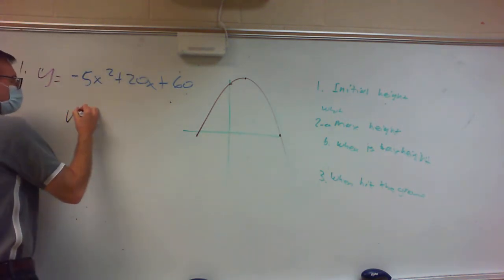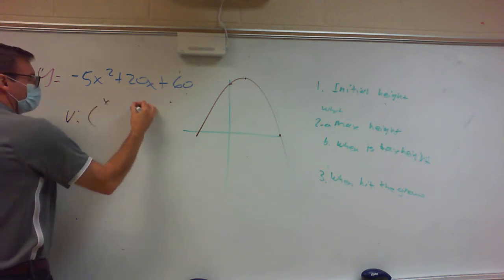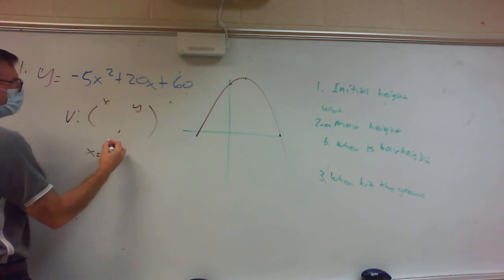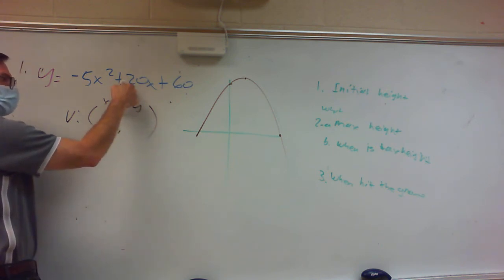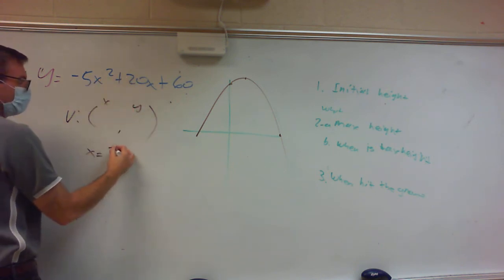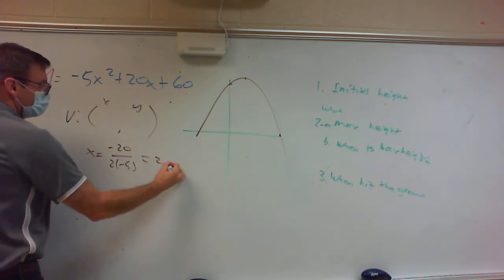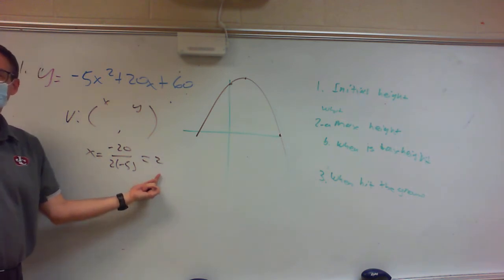So my vertex has an x part and a y part. As far as the vertex goes, I know the x part is equal to negative b over 2a, so the opposite of 20 over 2 times negative 5. And so I end up with my x part being 2.